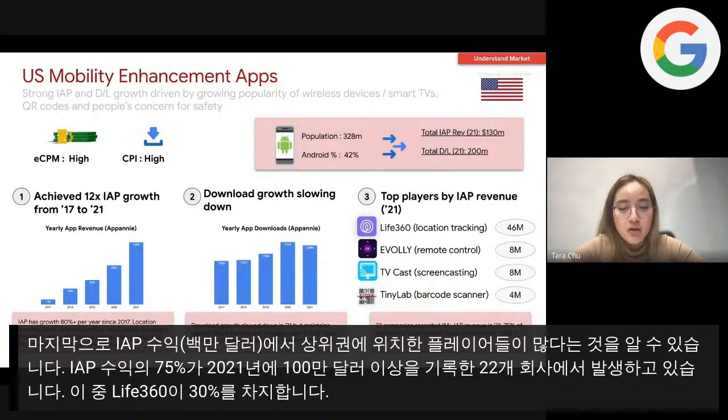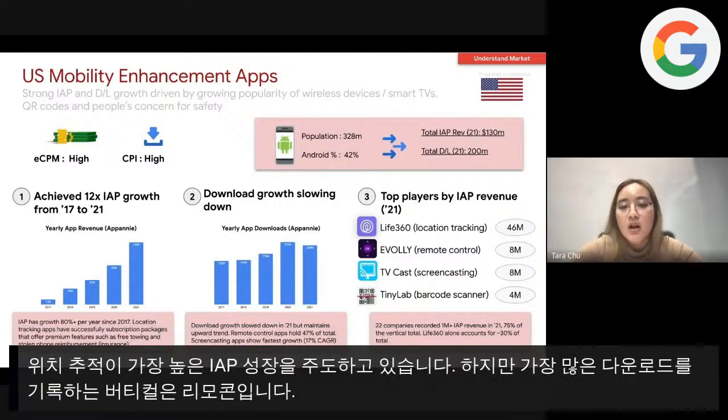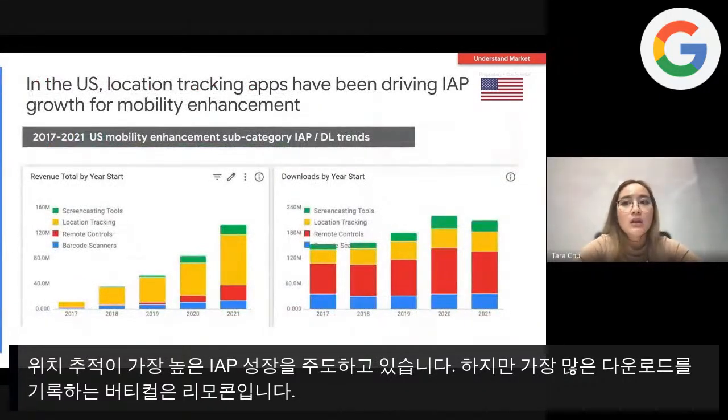Among them, Life360, which is under location tracking, accounts for almost 30% of the total. So you can see that there's a big player dominating the market, and there's a lot of diverse advertisers and developers who also want to enter the market.